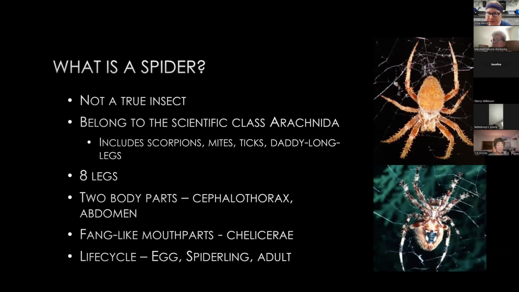They're going to shed their exoskeleton multiple times as they develop, and then they'll slowly get bigger and bigger and bigger till they reach maturity. So that's a generalized definition of what a spider is, and we'll get a little bit more into the life cycle with the different spiders that we talk about too.